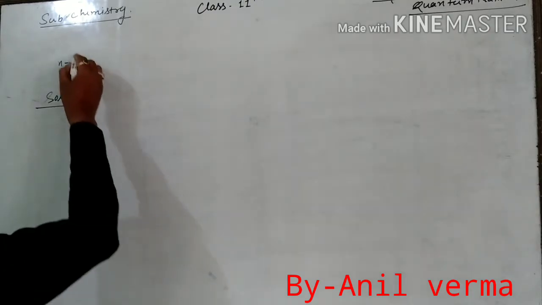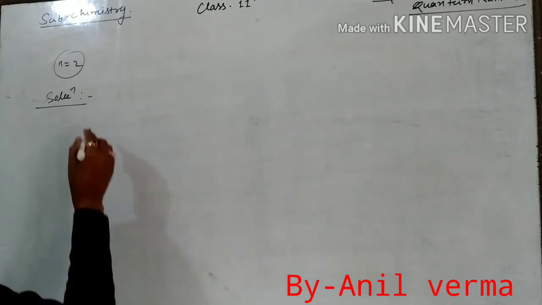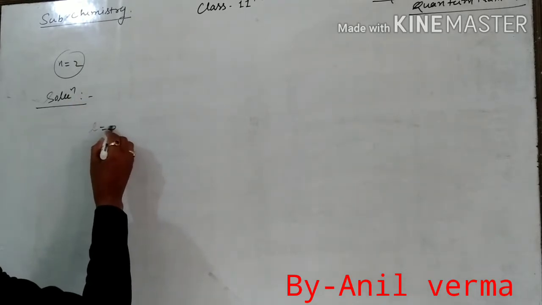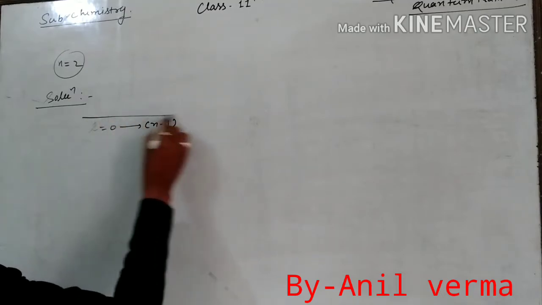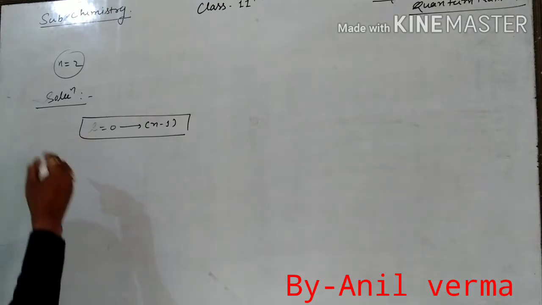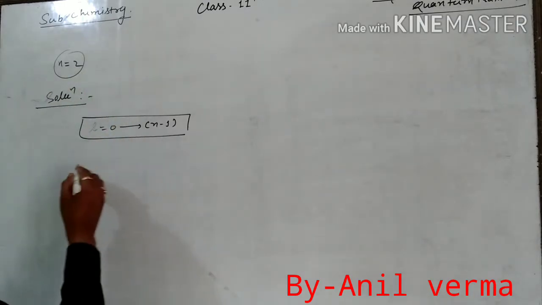You know, with the help of the principal quantum number, you can easily find the values of the azimuthal, magnetic and spin quantum numbers. The formula of the azimuthal quantum number is l is equal to 0 to n minus 1. So for finding the azimuthal quantum number, I have to place the principal quantum number value in this formula.